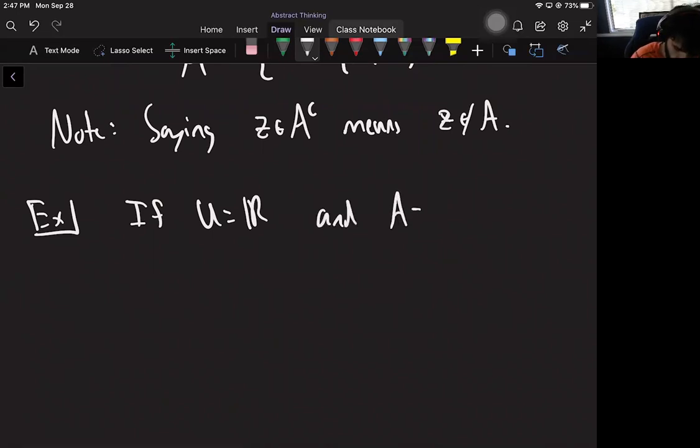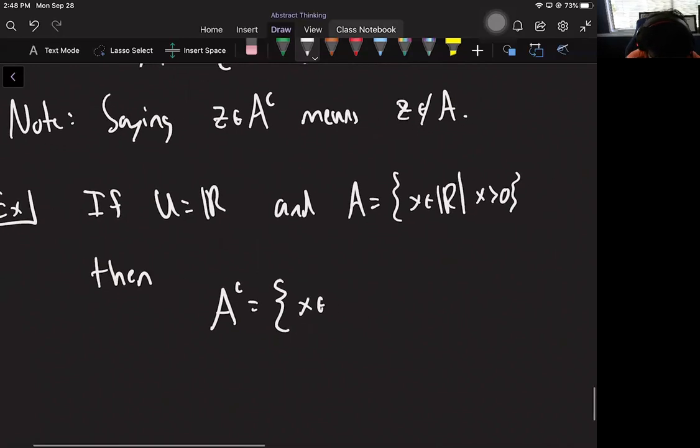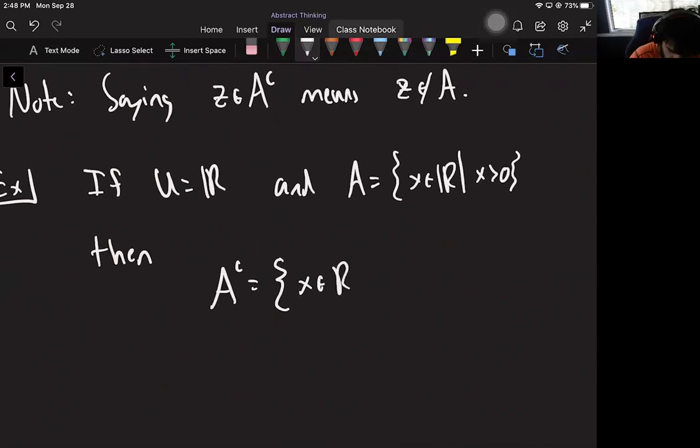And let's make A be this set of real numbers which are positive, bigger than 0. So then what is the complement of this set? Well, first I'll write it in this weird way, even though you can probably visualize immediately what it is. So it's the things in the real numbers such that X is not in A.